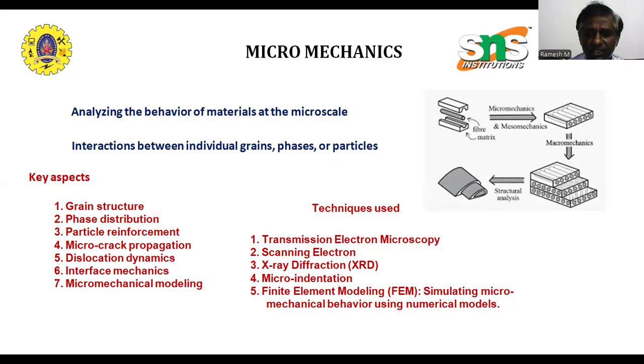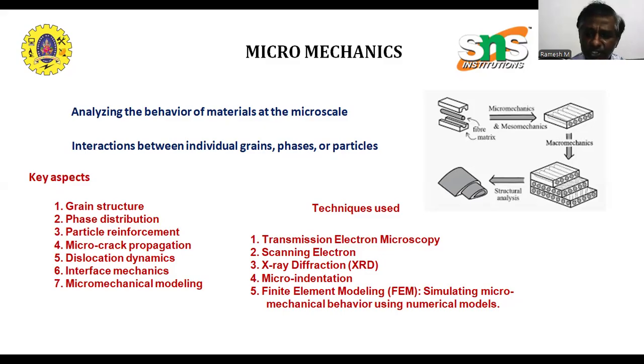Next is particle reinforcement. Here, particle size and shape distribution, particle-matrix interface characteristics in composite materials, and particle reinforcement mechanisms, that is load transfer to the composite material and crack bridging, will be studied.